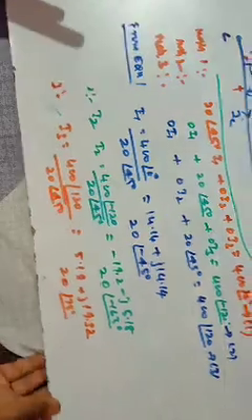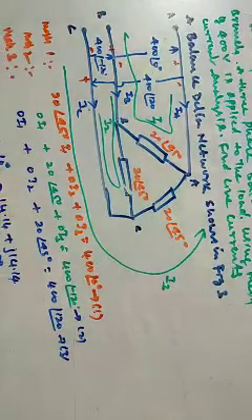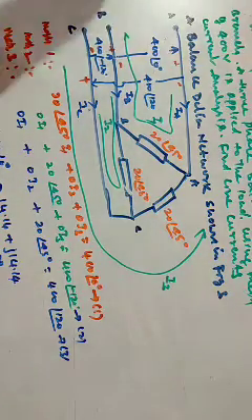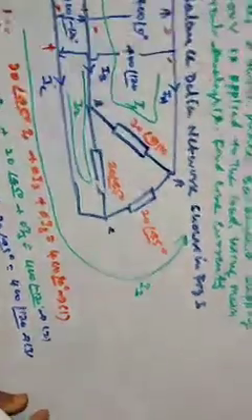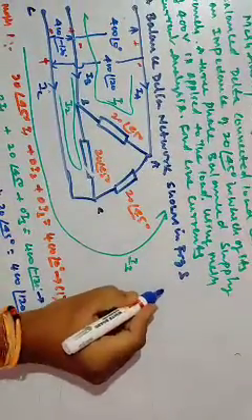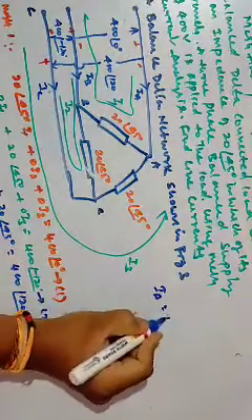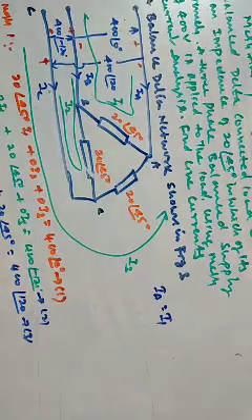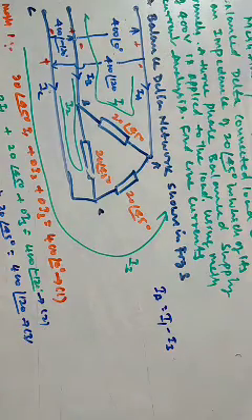Okay, now actually in this problem it has asked to find the line currents. See here, IA is a line current. I1 is in the direction of IA, and I3 is opposing that, so IA is equal to I1 minus I3.